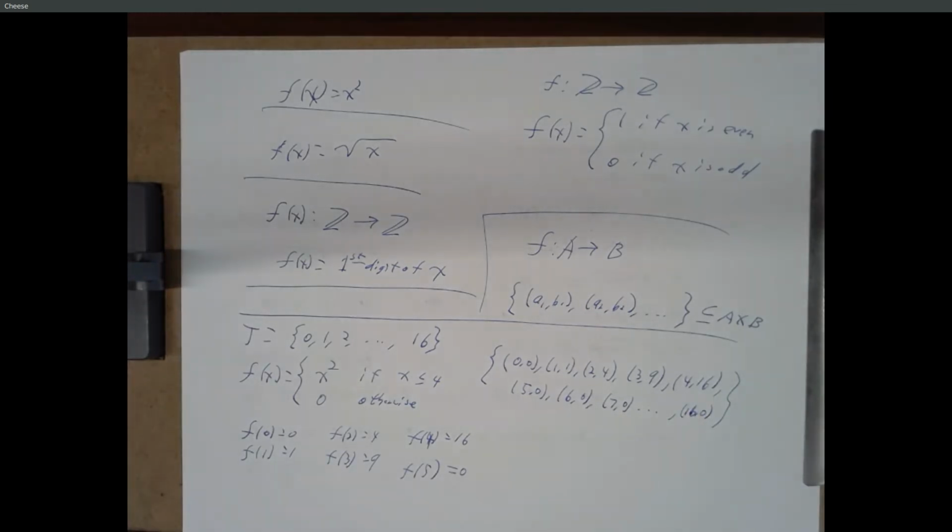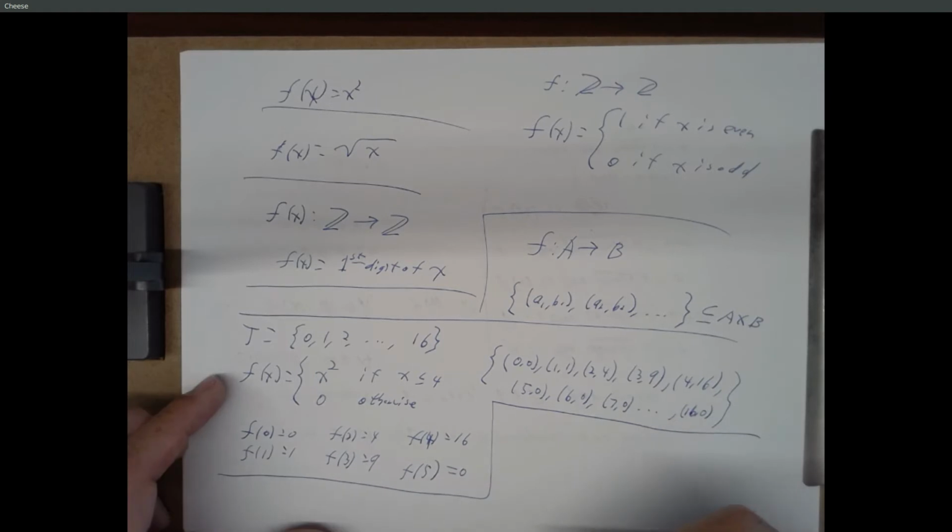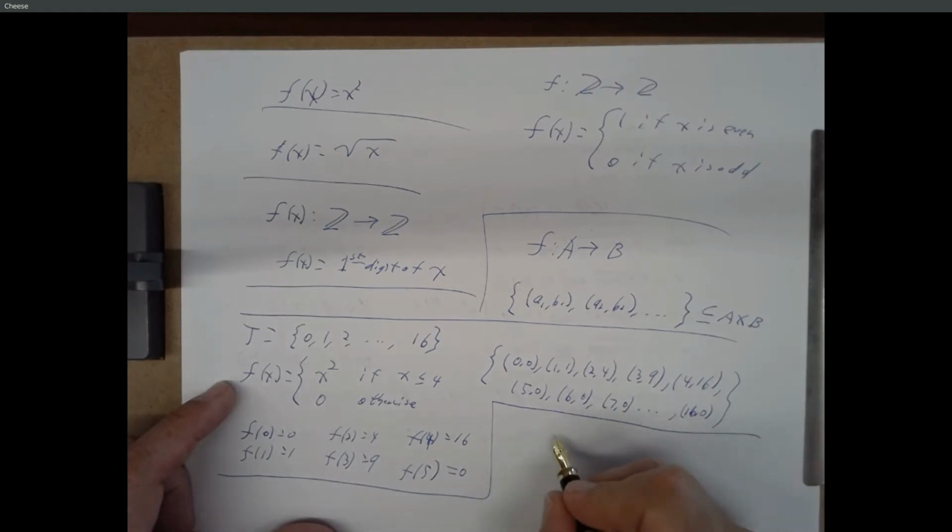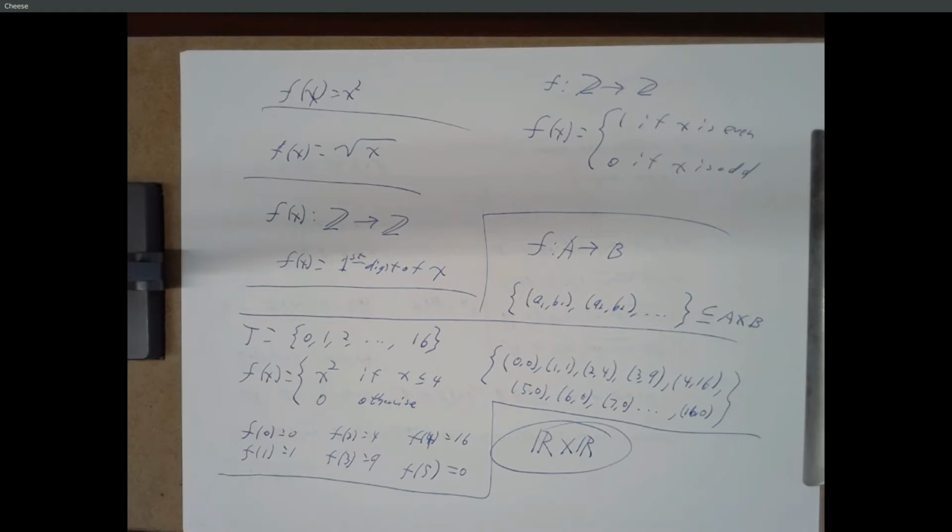And that set of 17 elements where each element is a tuple has exactly the same information as this function f. So think about a more interesting function like y equals cosine of x. If we wrote the set of tuples corresponding to that, that would be a subset of R cross R.